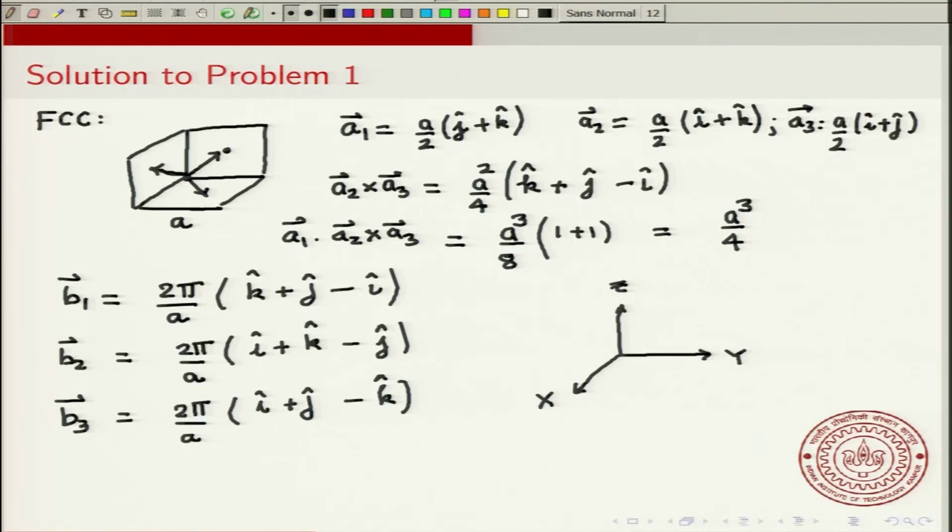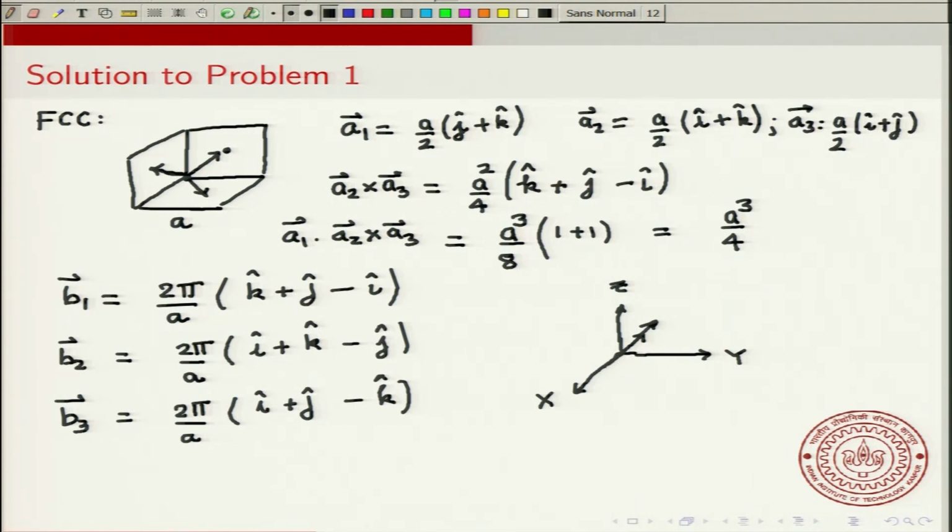So, k + j − i will look like a vector that is along the diagonal of the cube, but it basically goes along the diagonal of the cube from one corner to the opposite corner, okay.